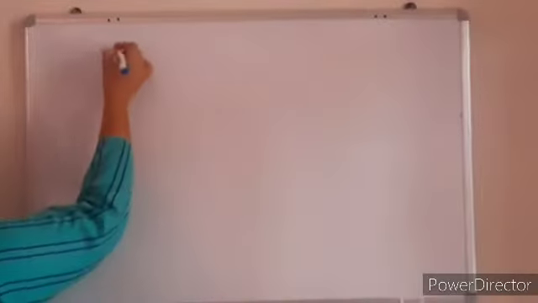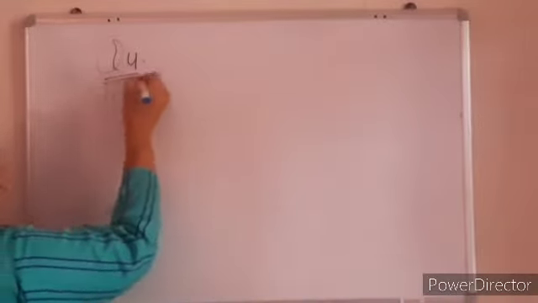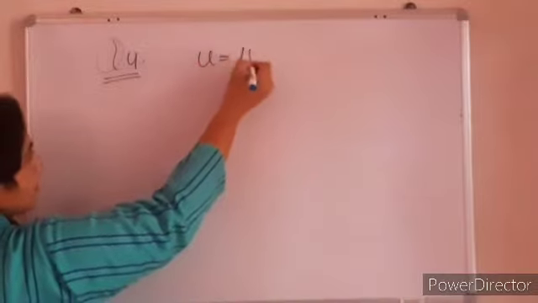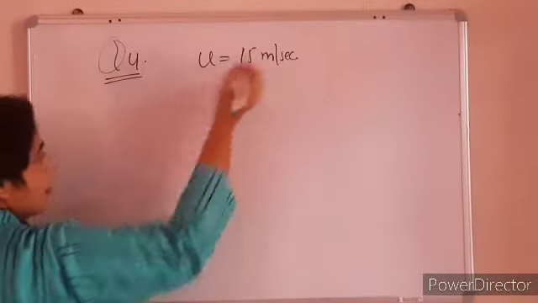So in this question, if you look, the cyclist is traveling at 15 meter per second. It means they have given you the initial velocity. The initial velocity of the cyclist is 15 meter per second.